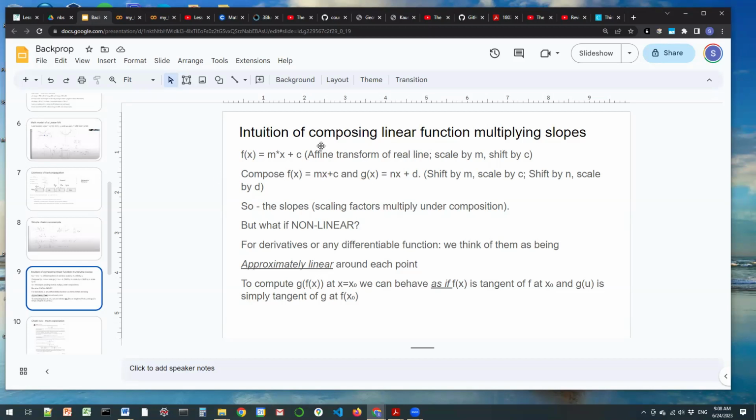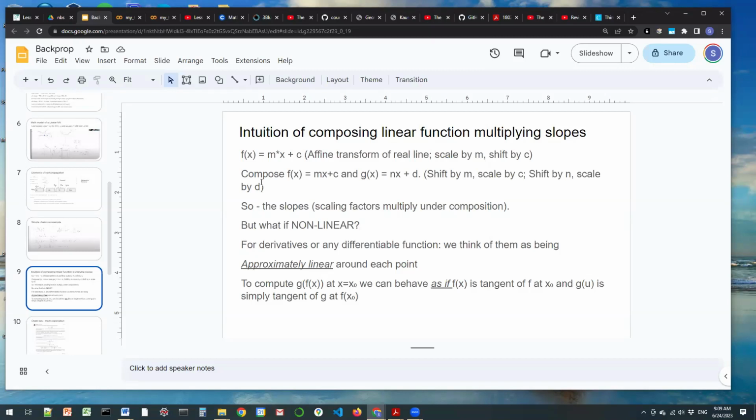So now if you want to compute the derivative of this composite function of x, you can intuitively understand that if you have scaled by m and shifted by c and scaled by n and shifted by d, the answer would involve multiplication of the two scaling factors.